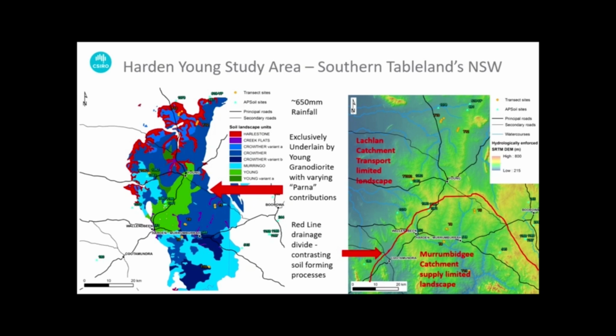There's varying amounts of that Parna material across the whole area, but the erosion rates dictate where it actually sits and whether it's actually stayed. So there's more of it in this northern part of the catchment than there is in the south, because it's dominated by erosional processes rather than depositional processes that are happening.